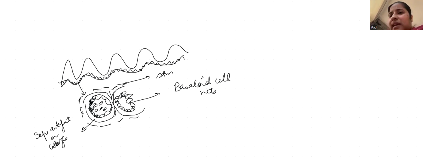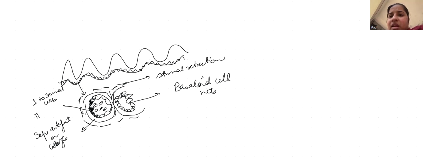Another thing is that these basaloid cells are arranged radially at the periphery of the tumor cells. They are perpendicular to the stroma and parallel to each other, and hence called the tumor palisade.